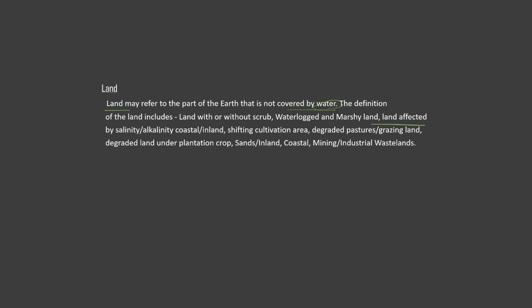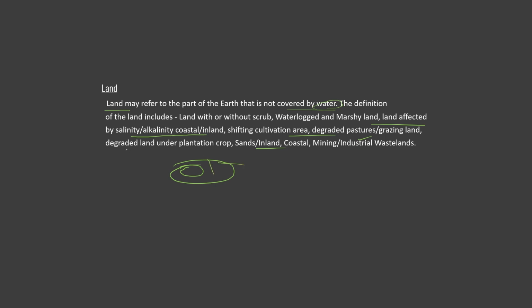All these come under the definition of land: degraded pastures, grazing land, land under plantation crops, inland, coastal, mining, industrial, wastelands. These all come under the definition of land. Only that part of the earth which is covered by water is excluded; the remaining is all considered as land.